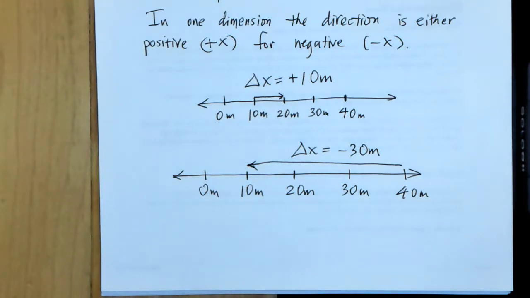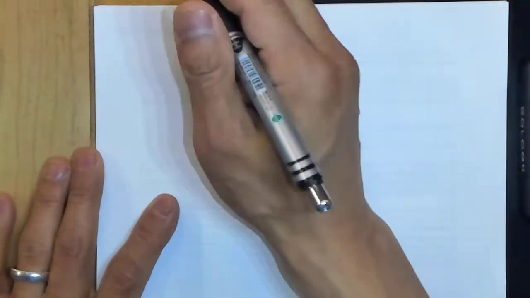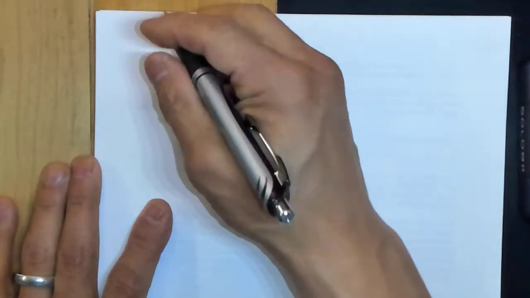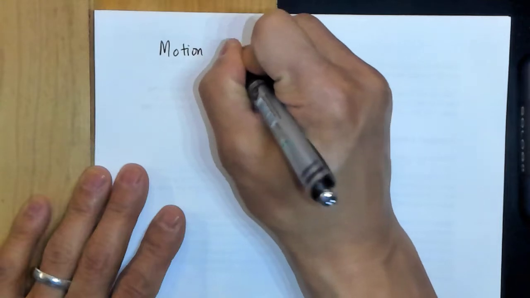Okay, so now, in particular, we can label our motion diagrams using these displacements. So I can draw a motion diagram.